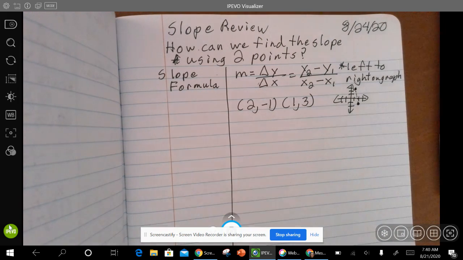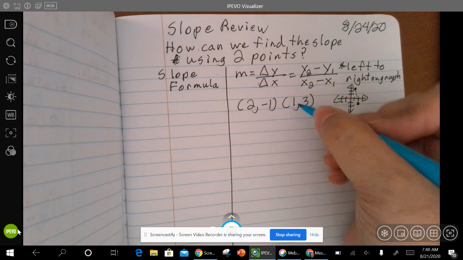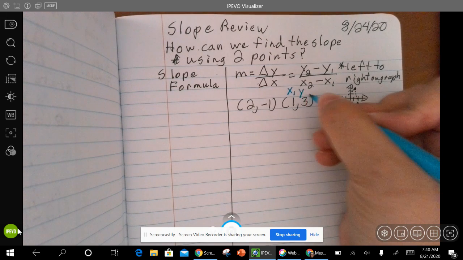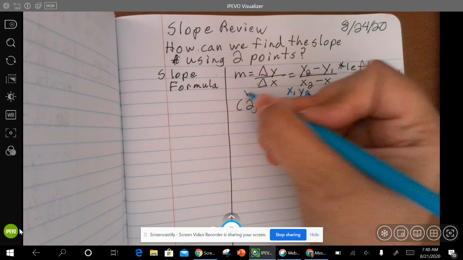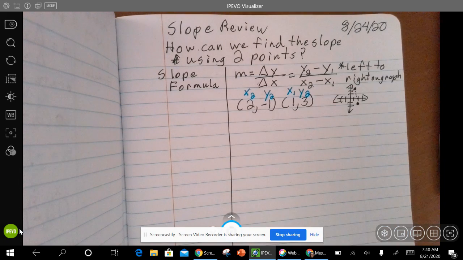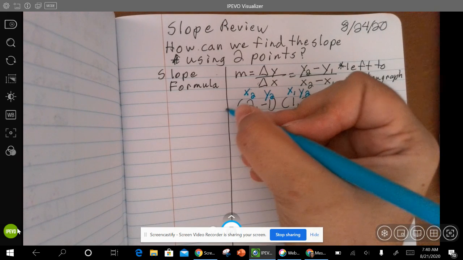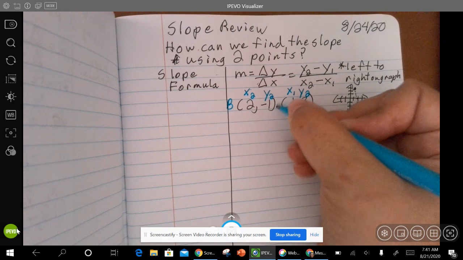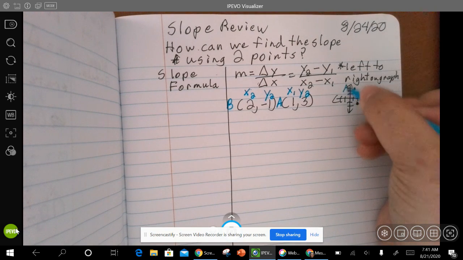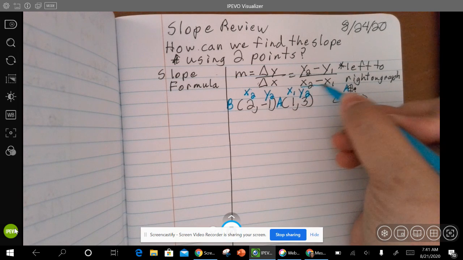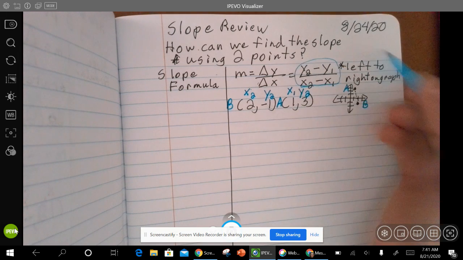So you see that this one is actually our first point, and I'm always going to label them. Okay, so this is our B point, and this is our A point. This is A, and this is B. Okay, now we're going to use our formula. We're going to substitute it in.